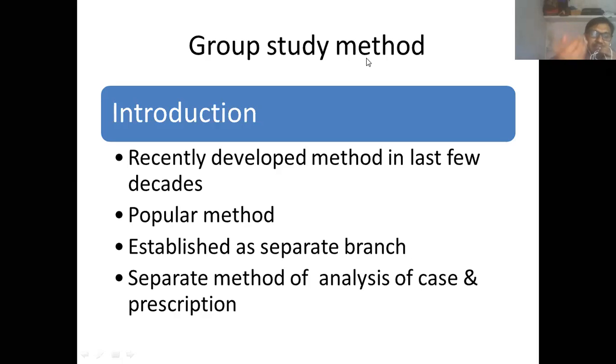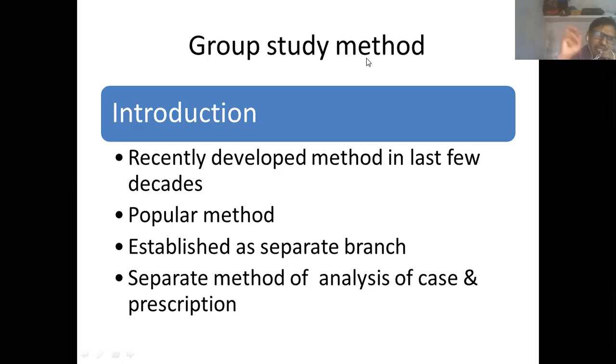So after finishing the case, when you start the analysis of case, this method advises that you must also identify whether the complaints narrated by the patient sitting in front of you belong to the vegetable kingdom remedies, or the metal group of remedies, or the animal group of remedies.